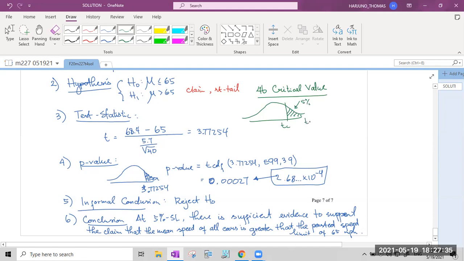So T critical is inverse T, area to the left 0.95, degrees of freedom 39. It's 1.6848. Okay, I'm done with this one test.